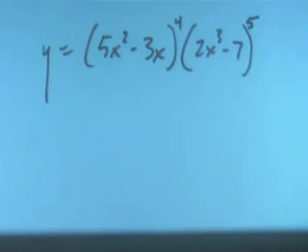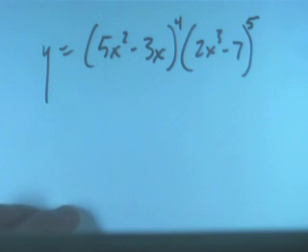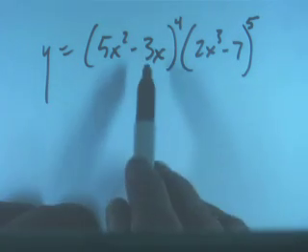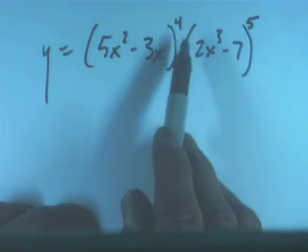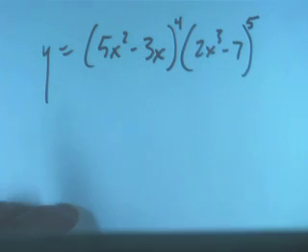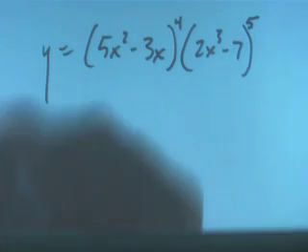Let's look at this problem here. We could of course apply the product rule combined with the chain rule to differentiate. But we're going to try to simplify the process a little bit by first taking the natural log of both sides of the equation.